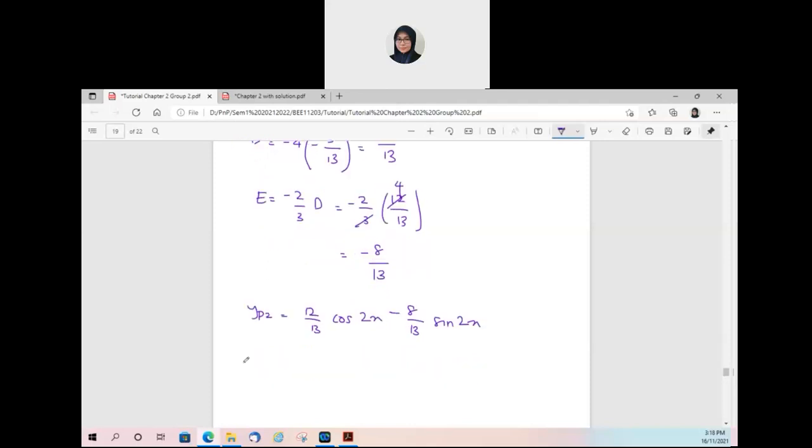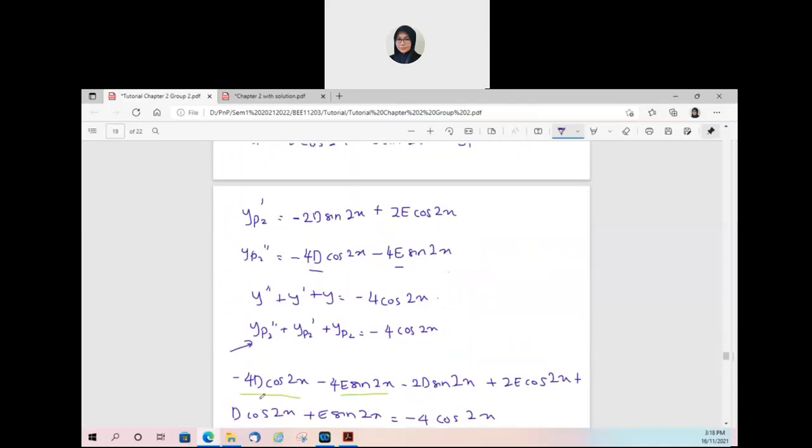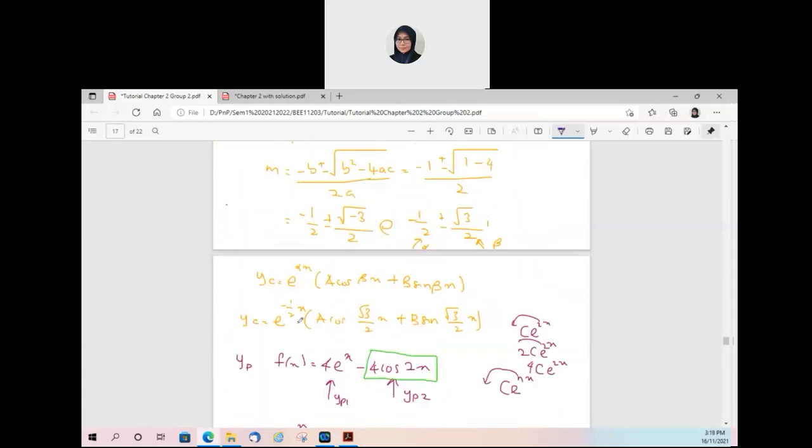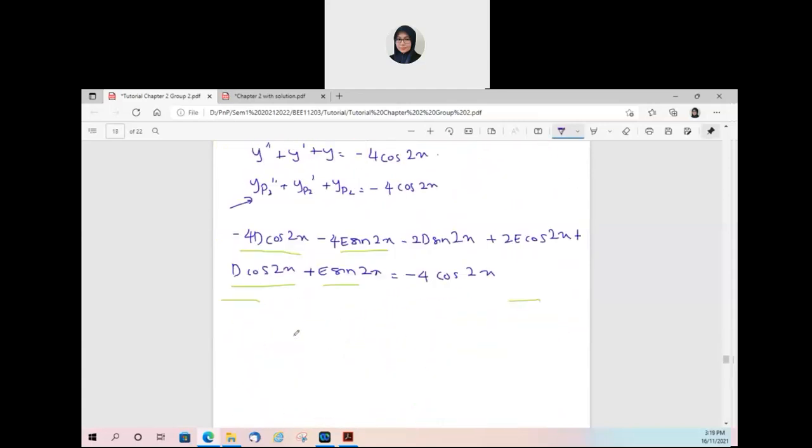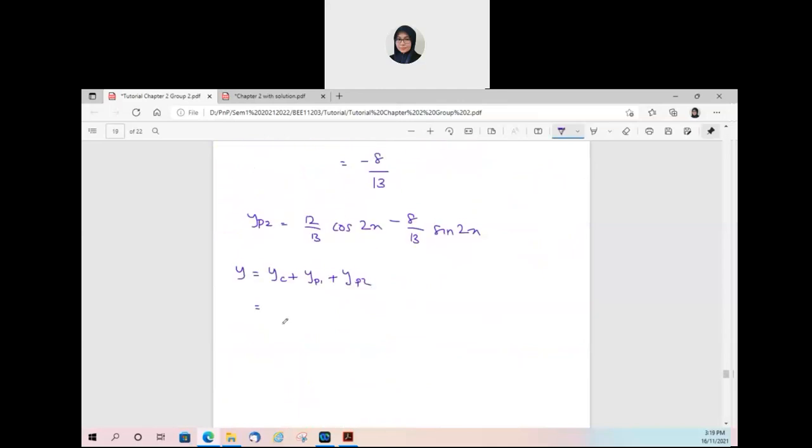Okay, then we can get our general equation Y equals to YC plus YP1 plus YP2. What is our YC? YC is this one: exponent minus 1 over 2x, A cos square root 3 over 2x plus B sine square root 3 over 2x.